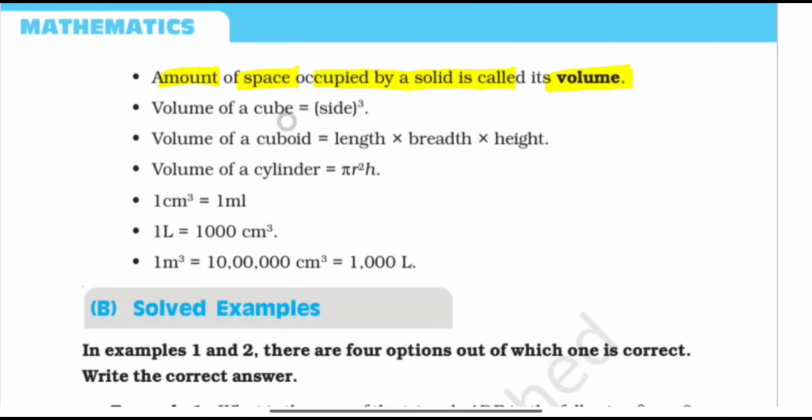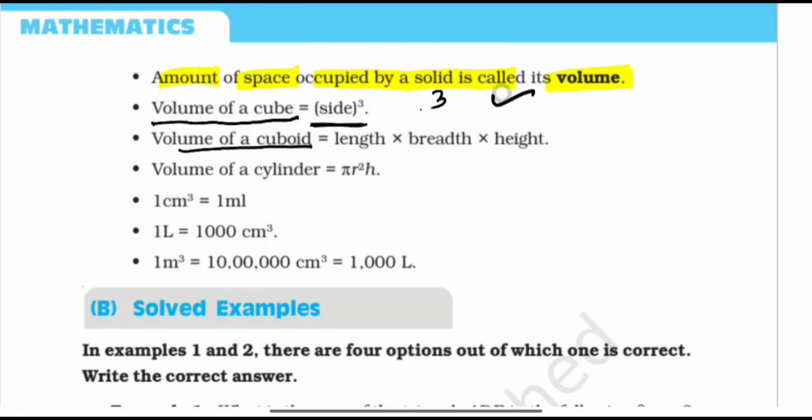Clear? So the very easy and very popular formula to find the volume of a cube is side to the power 3, or a to the power 3. And the next formula is to find the volume of a cuboid.